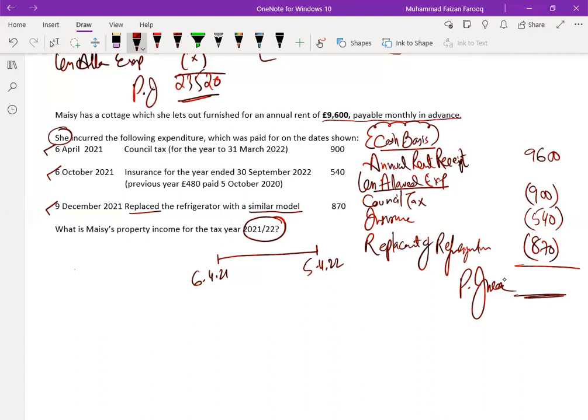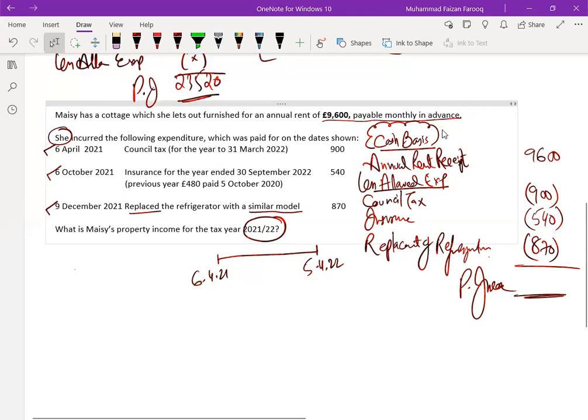The new one has the same performance, not above that. Replacement with improvement means you replaced it with the improved version. If you replace it with an improved version, it will not be allowed. Otherwise, for a similar version, there may be some bit of improvement, but it's allowed. Okay, answer is how much?